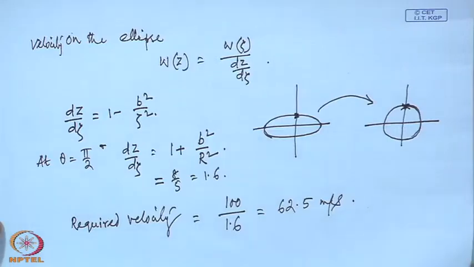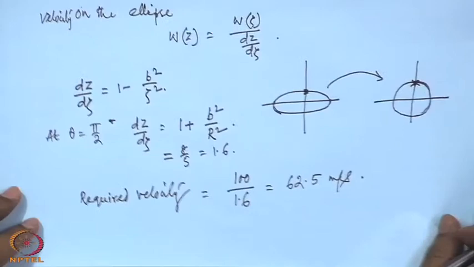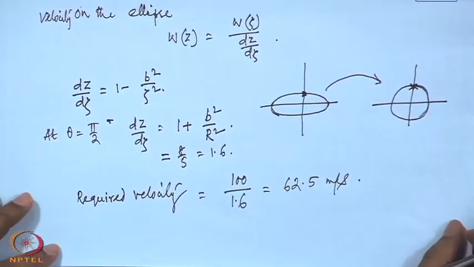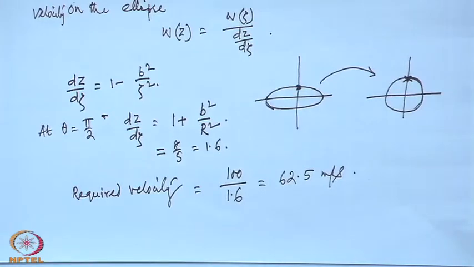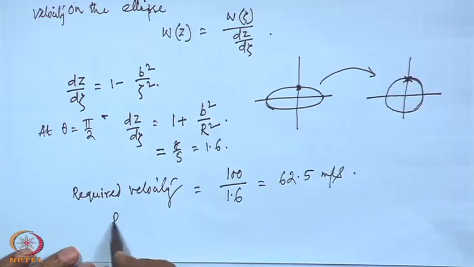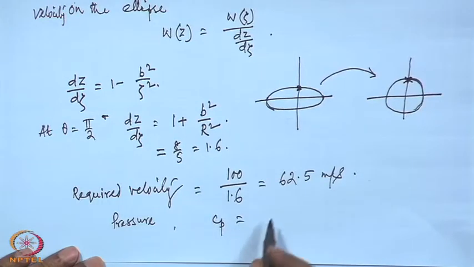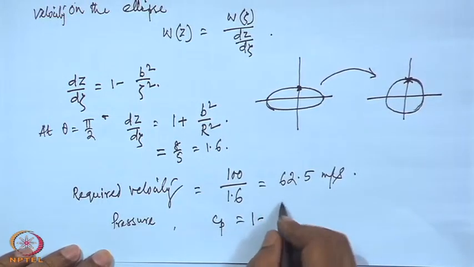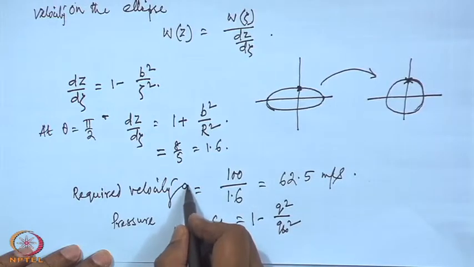Now pressure. How to find the pressure? C p equal to 1 minus q square by q infinity square, let us call this q.